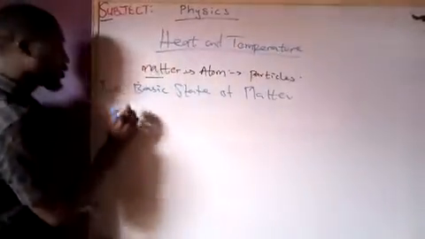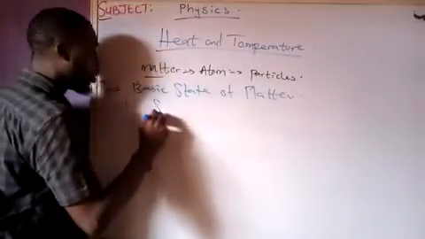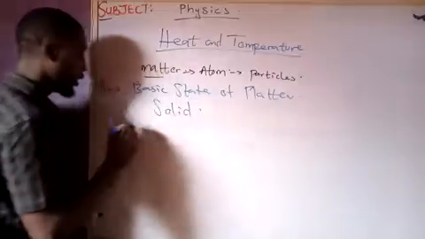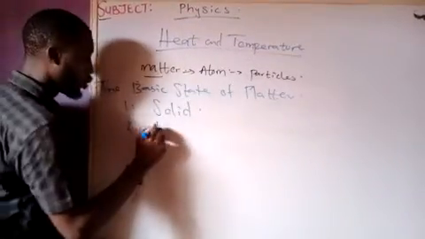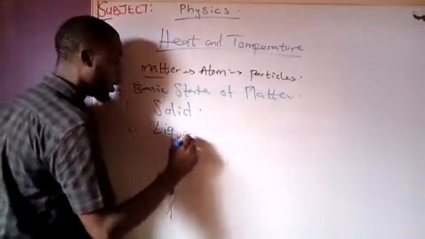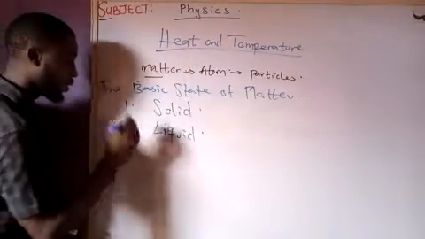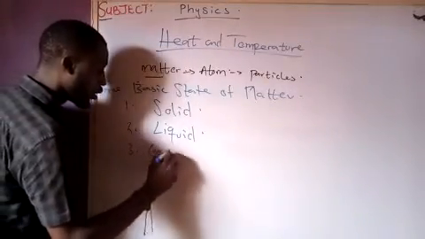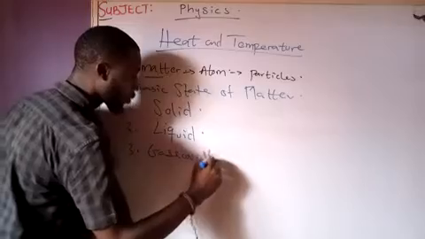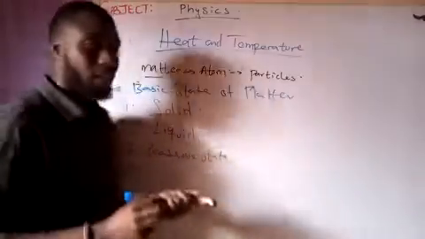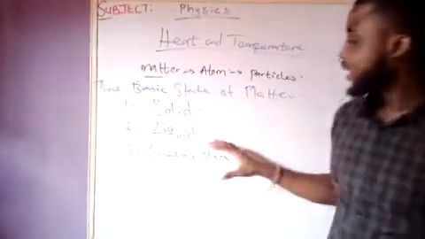What's number one? Solid. Two, liquid state. And three, the gaseous state. So these are the three basic states of matter.